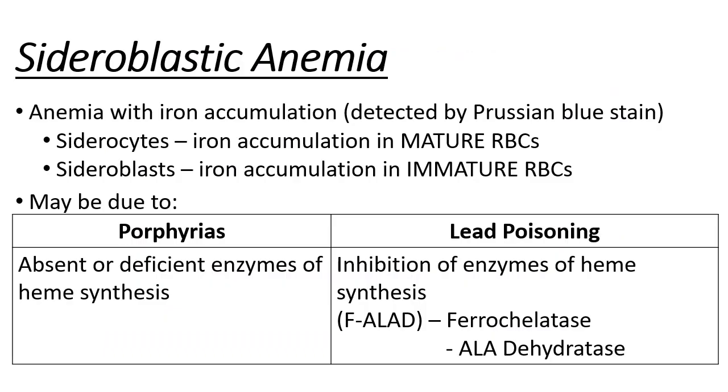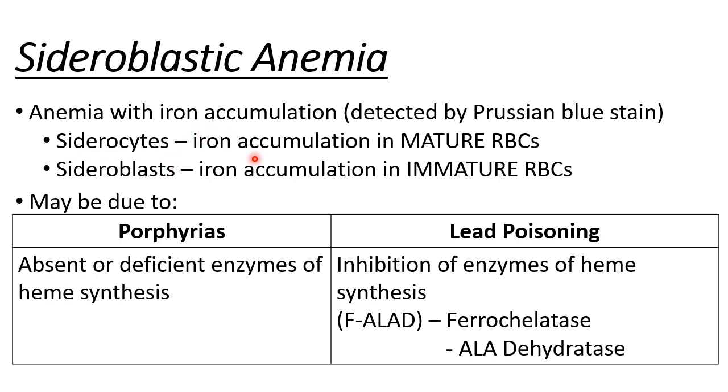Dito naman sa sideroblastic anemia, ano ang problem natin dito? The accumulation of iron in the body. So, madalas natin ma-appreciate itong accumulation lalong-lalo na sa loob ng mga RBCs. Okay? Kapag mature RBC, ang tawag doon is siderocytes.